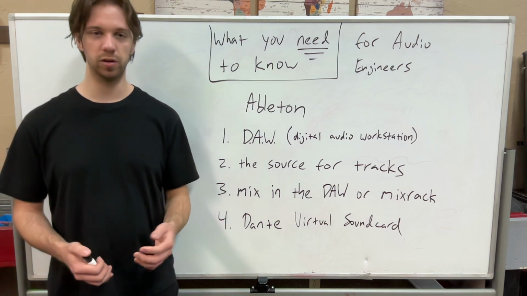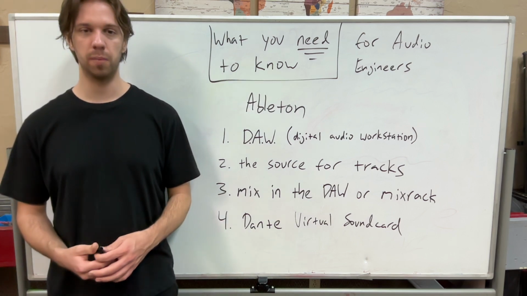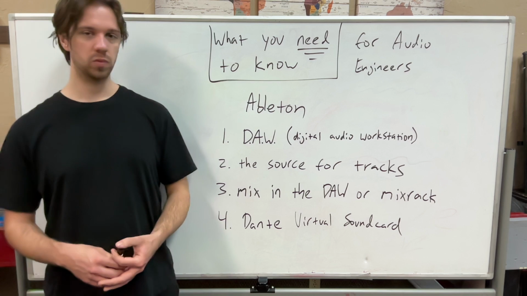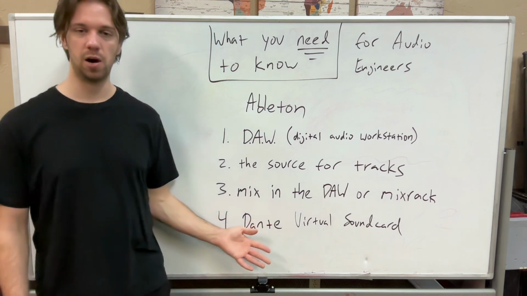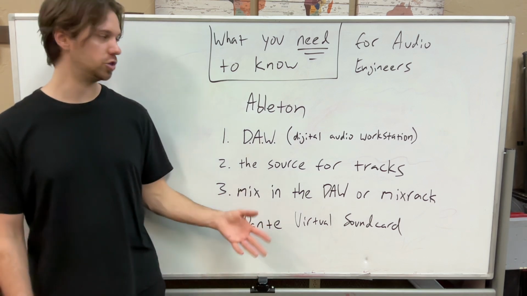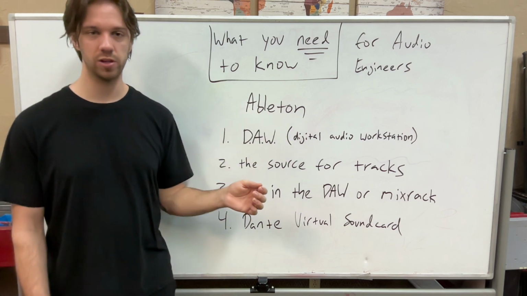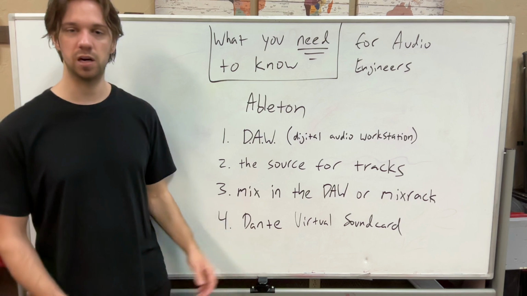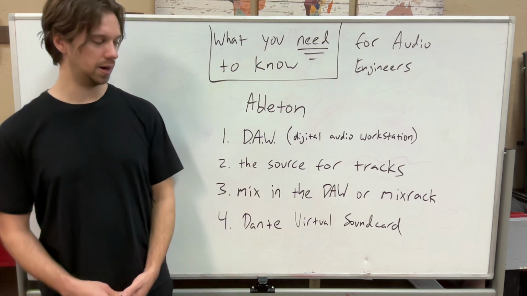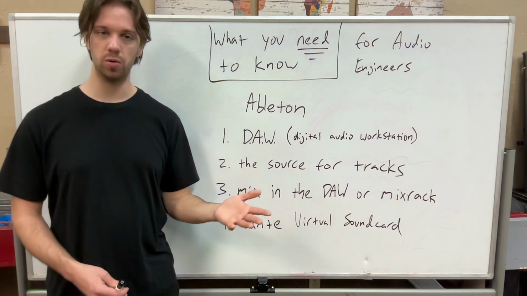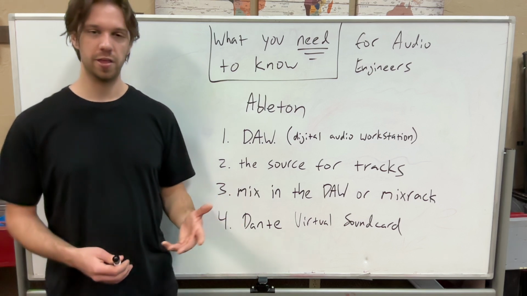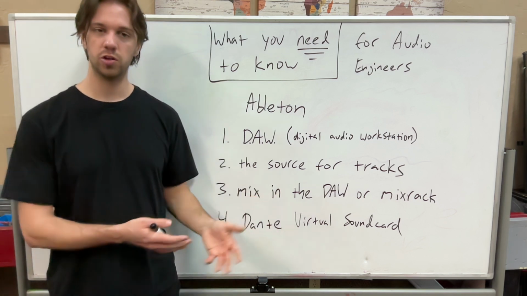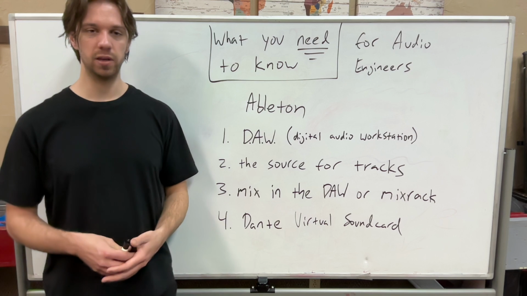We talked about this a couple of videos ago with microphones. But this is how we send the digital audio from our digital audio workstation to the soundboard. We send it digitally via Dante Virtual Sound Card. It's basically just a digital road or a digital vehicle that we can send our tracks along to get where they need to go.